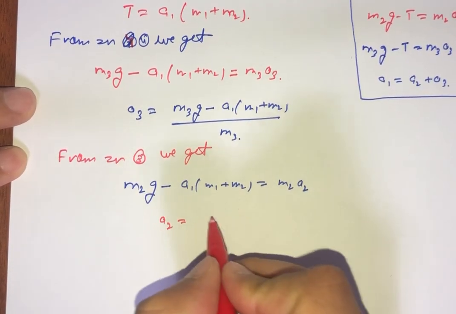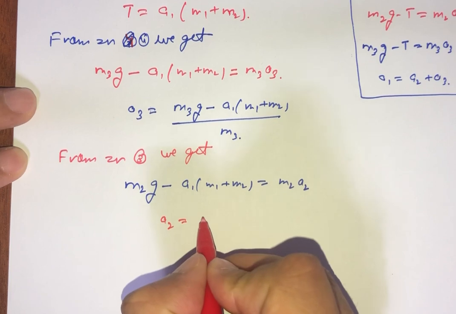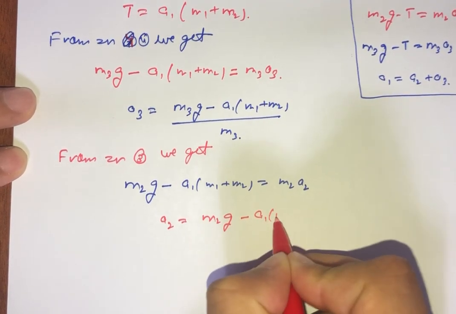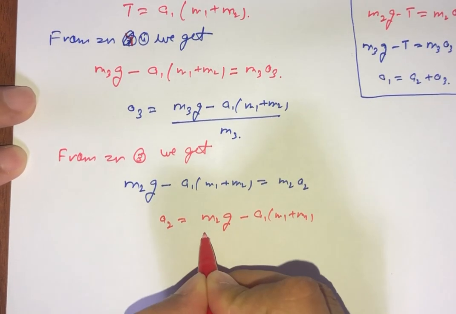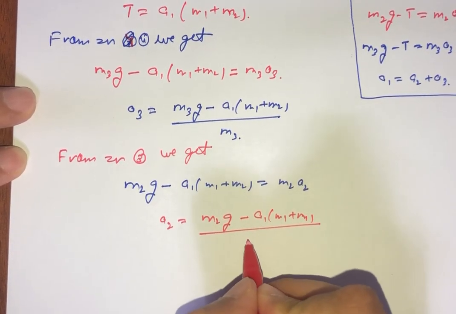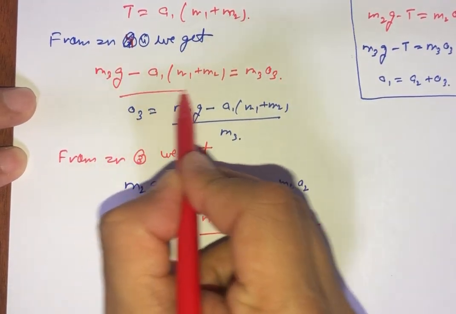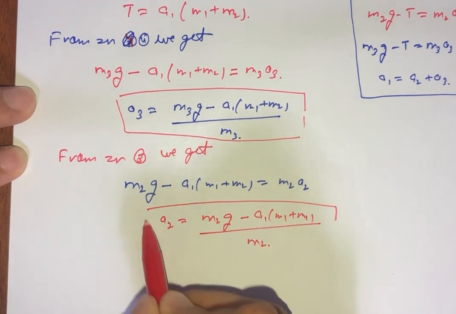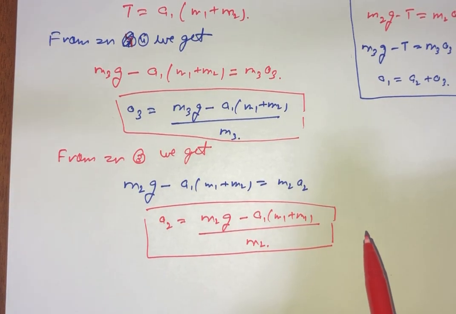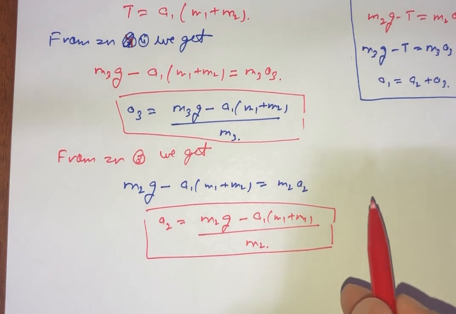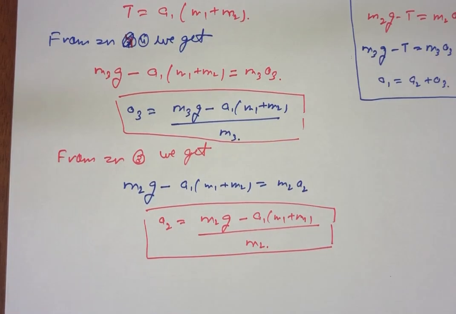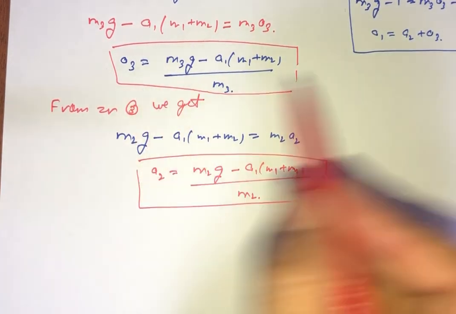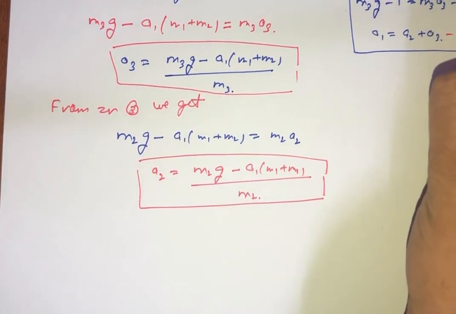So a2 is equal to (m2 g minus a1 (m1 plus m2)) divided by m2. Now we have the value of a2 as well as a3.